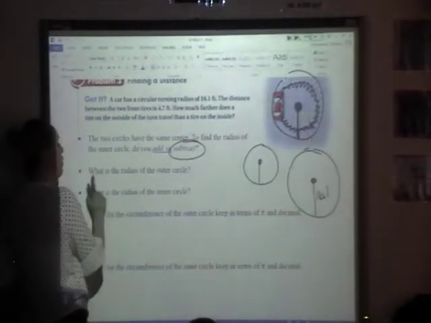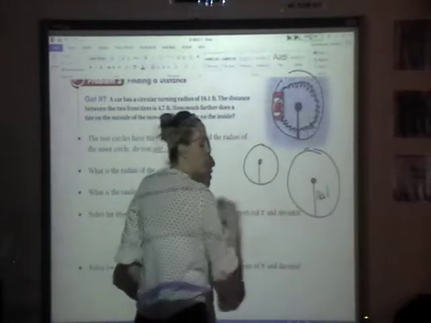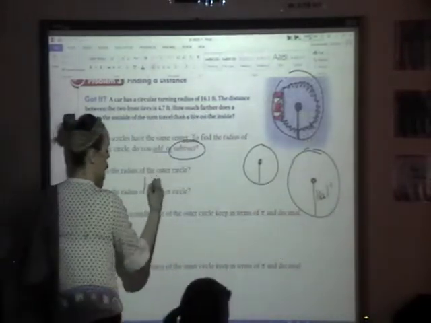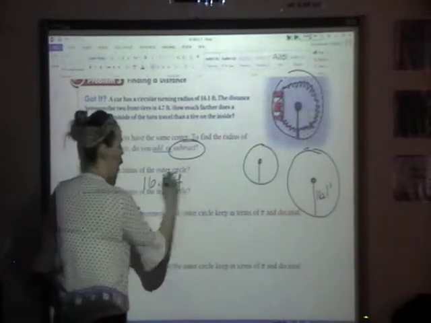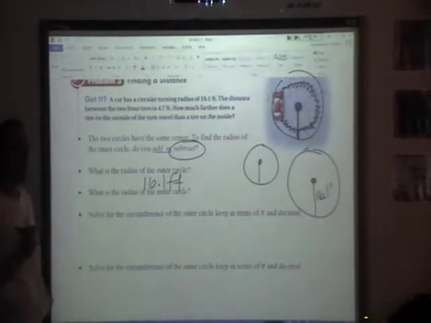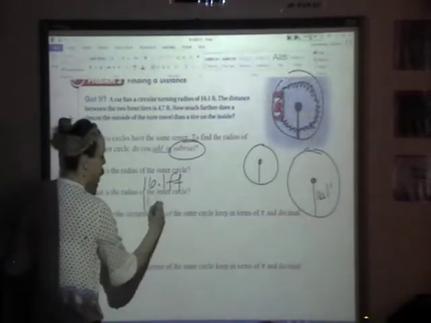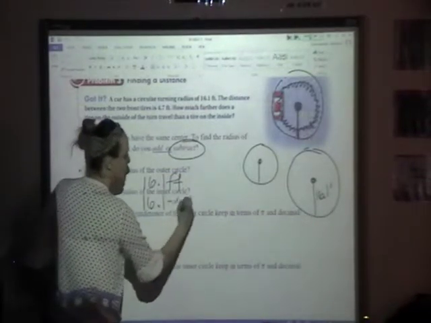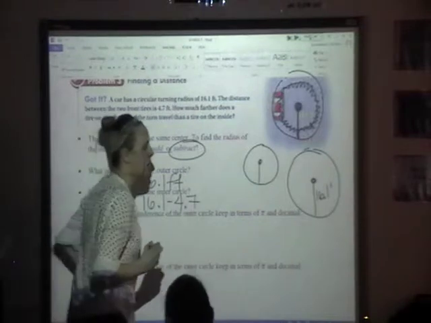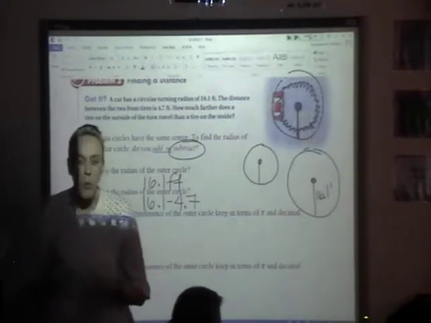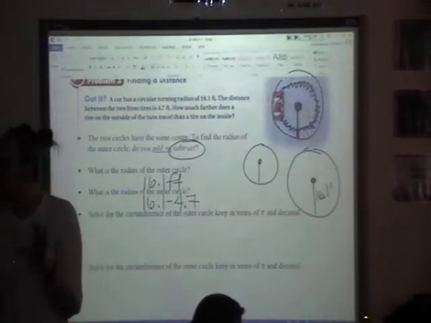So what is the radius for the outer circle? Our outer circle we already have, 16.1 feet. Now, the radius of the inner circle, we're going to subtract 16.1 minus 4.7. Do you guys agree that we need to subtract? If we added 4.7 to 16.1, it would just make that radius longer.